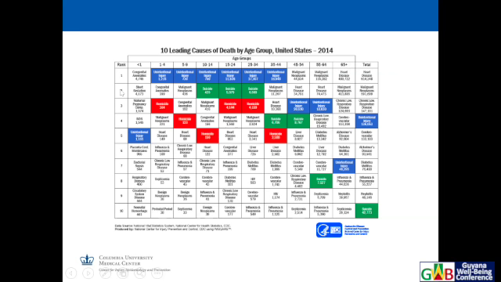And the #2 cause of death for teenagers and young adults is suicide. And here we're talking about a type of intentional injury. And homicide also is a third cause of death among adolescents and young adults.